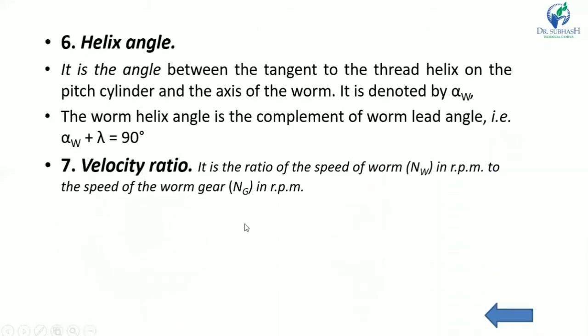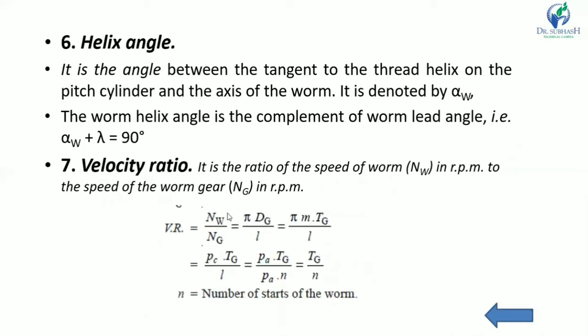Then velocity ratio. It is the ratio of the speed of worm NW in RPM to the speed of worm gear NG in RPM, revolutions per minute. So velocity ratio VR is equal to NW upon NG. NW is equal to pi into DG, and NG is equal to L, the lead. DG is equal to M into TG, so pi M TG by L. Again we can say pi M is equal to PC, circular pitch.